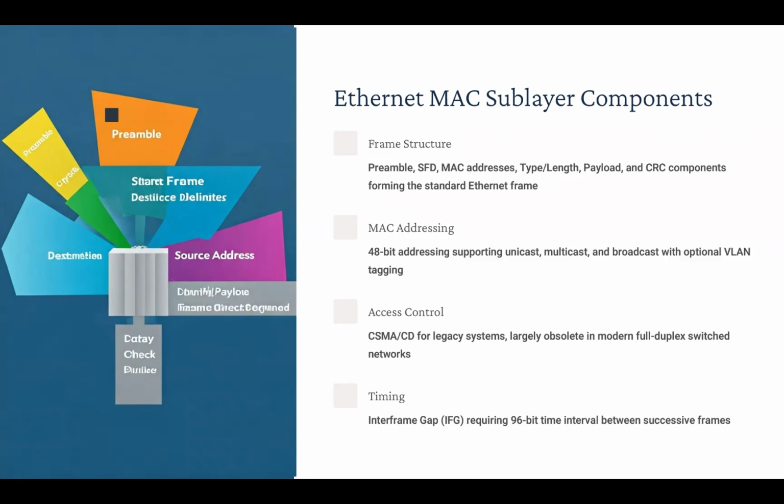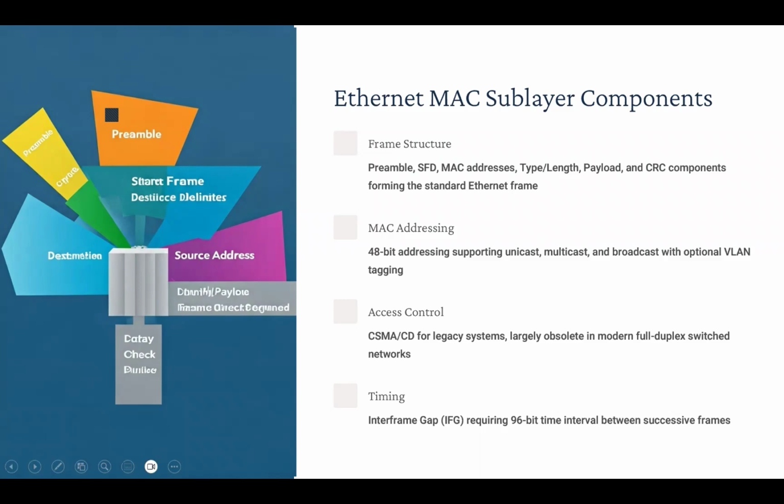In another aspect, the MAC sublayer enforces an interframe gap of 96 bit times, which means 9.6 microseconds at 10 megabits per second speed, between the frames to allow hardware to reset and prepare for the next frame.